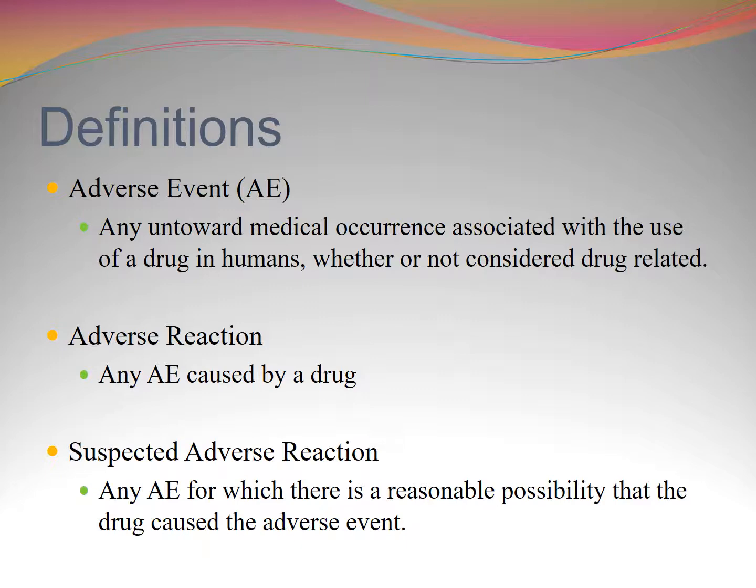So there's a little bit of openness to this, a little bit of questioning. It's basically saying there's a very strong, reasonable possibility, like this is probably what caused it. A suspected adverse reaction causality can be changed later. We're leaning very heavily that this is an adverse reaction, but there's a chance there might be something else at play here.